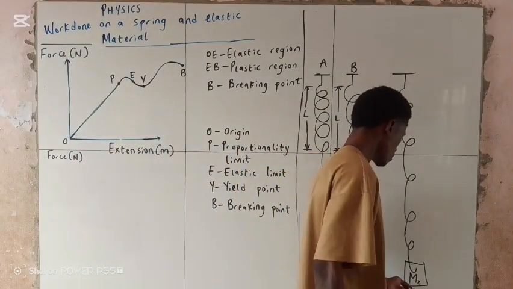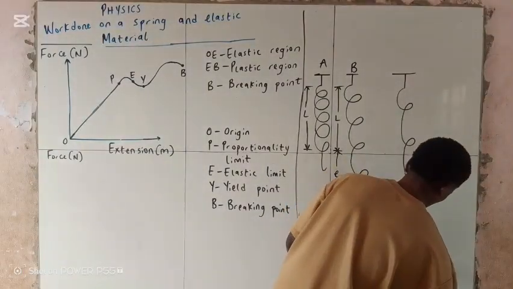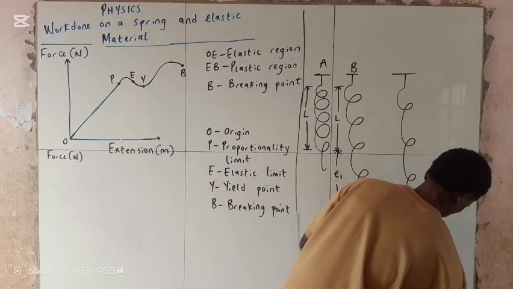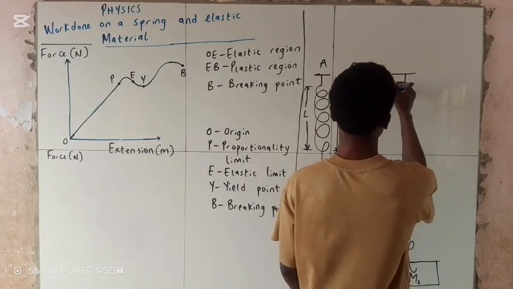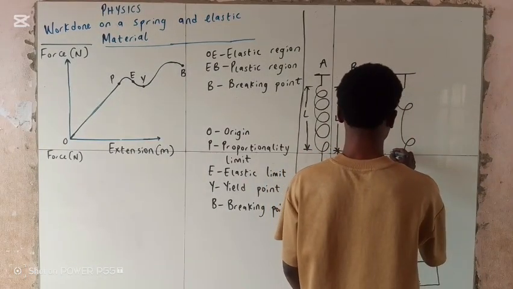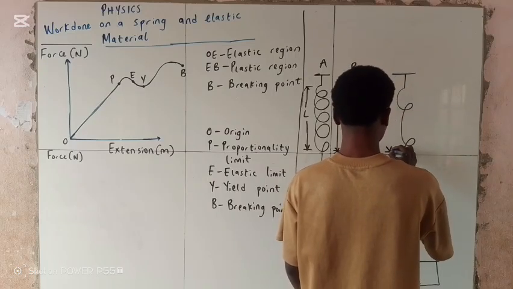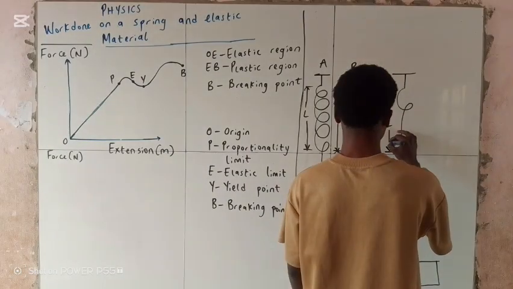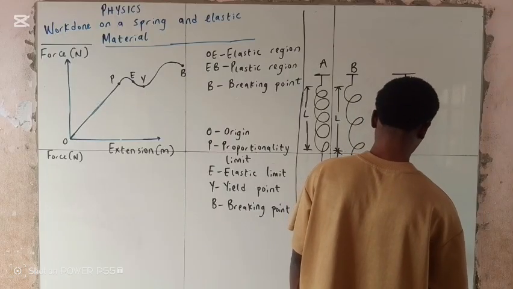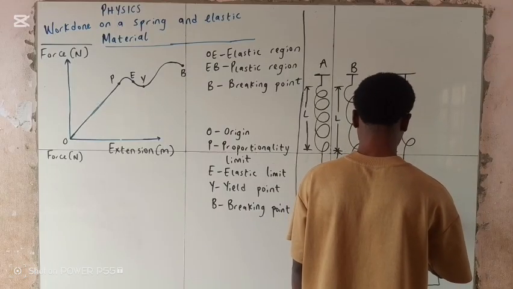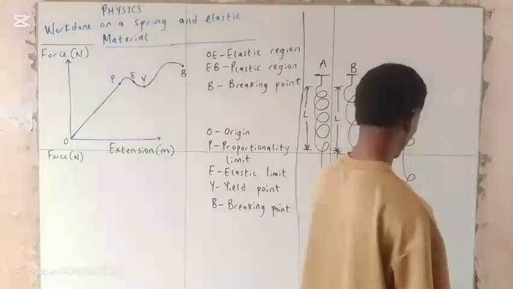Let me extend this so we have a bigger mass here. From here to here is the original length of the material, and from here to here, this is the extension. Let's call it E2, and the mass M2.